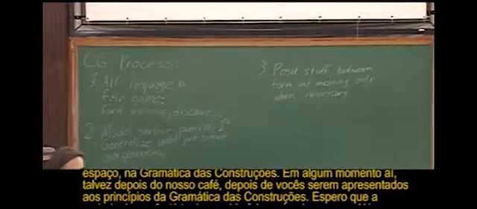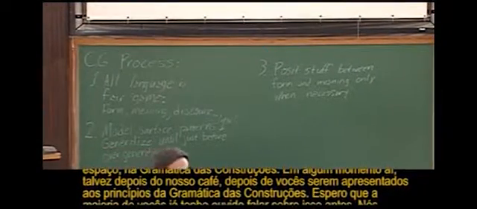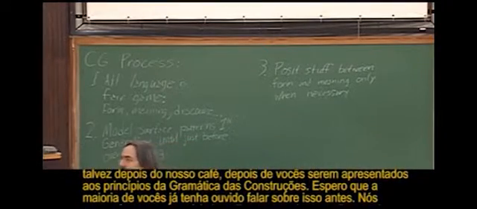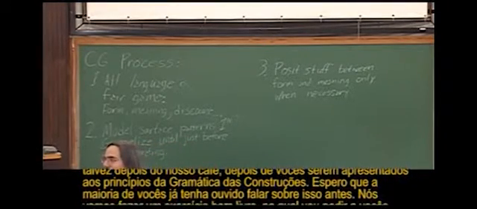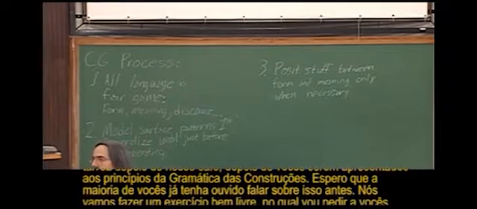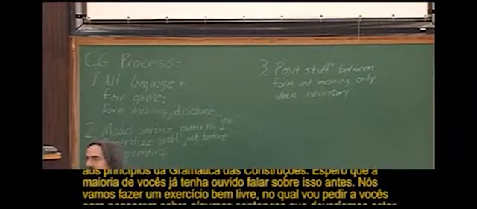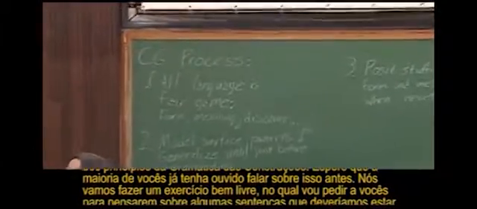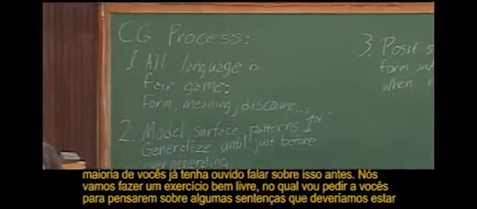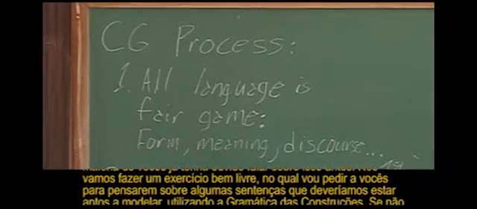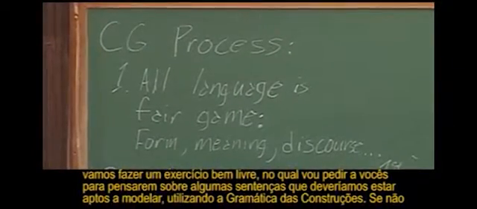Somewhere in there, probably just after our break, after you've been introduced to the principles of construction grammar that hopefully most of you have heard of before, we are going to do a very free-form exercise in which I'm going to ask you to think of some sentences that we should be able to model using construction grammar.